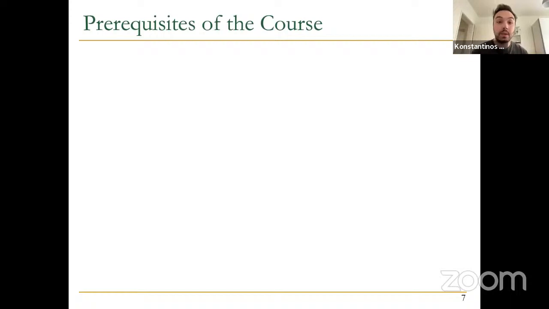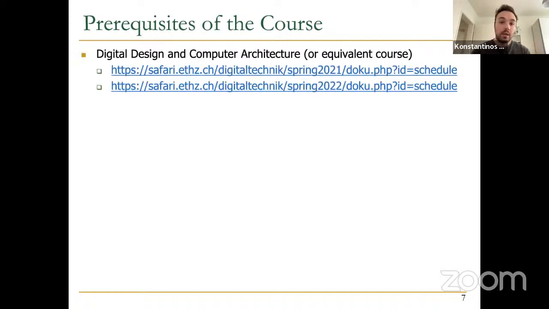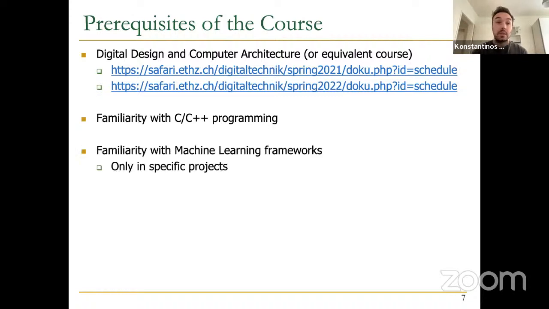And what are the prerequisites of the course? First, it would be preferable and help you a lot if you had taken in the past the Digital Design and Computer Architecture course or any equivalent course, which is offered also this spring semester or in previous semesters. You need to be familiar with C or C++ programming. This will give you a head start in some projects.